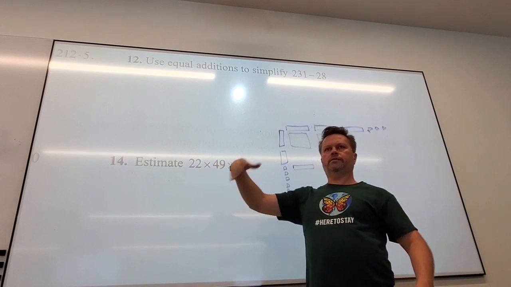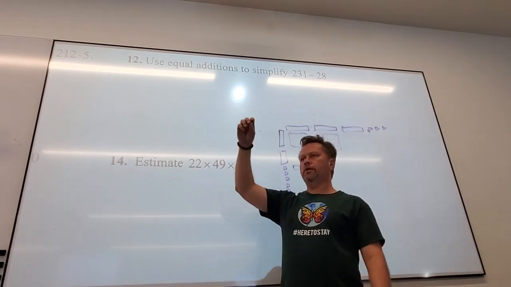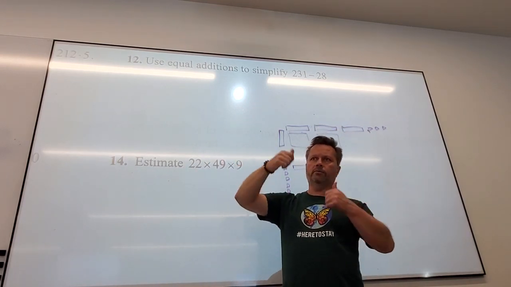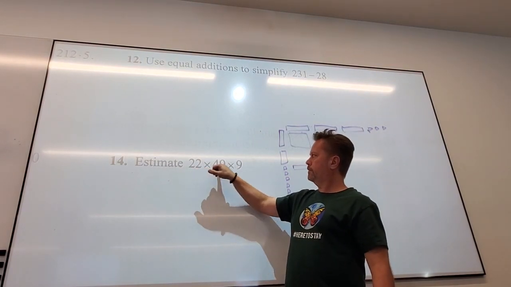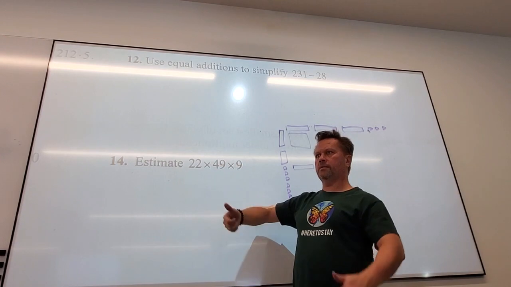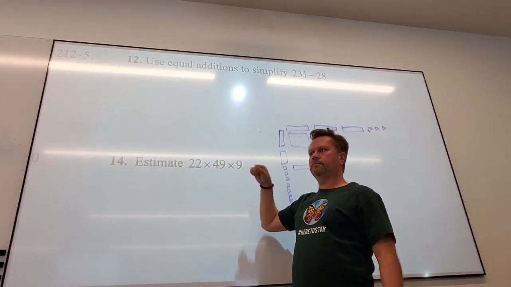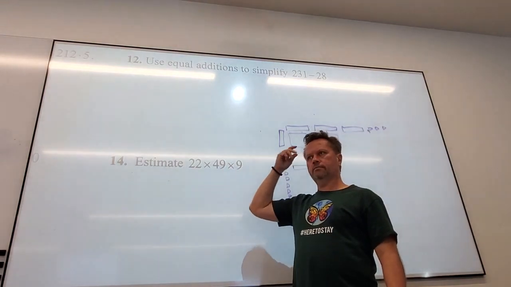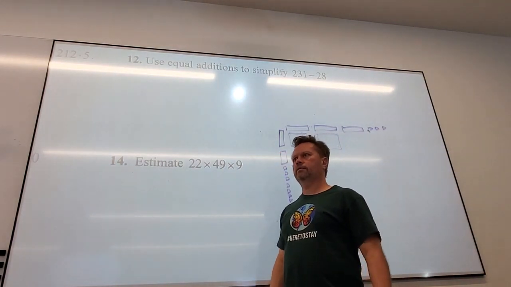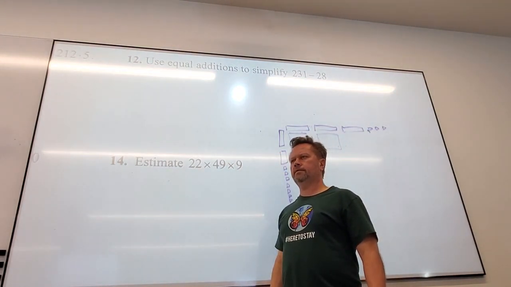What I really want is what we talked about. If I make one part go down, another part has to go up, right? So if I make this become 20, then I can make both of these become 50 and 10, right? So 20 times 50 times 10 is easy to do in the head. Does that make sense? Okay.